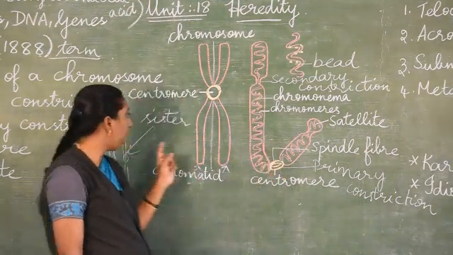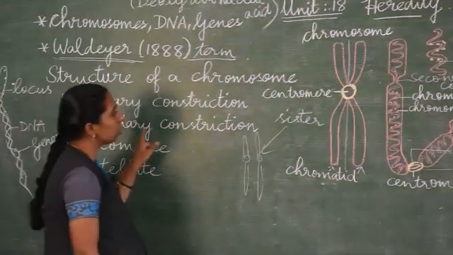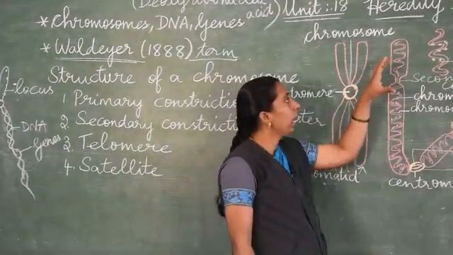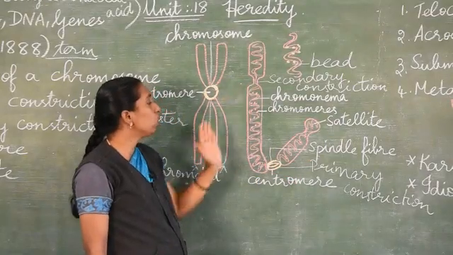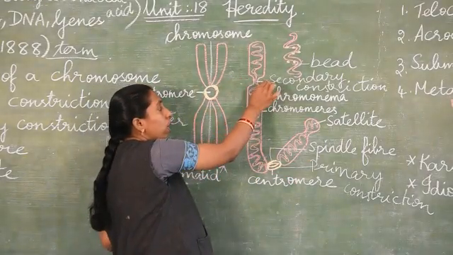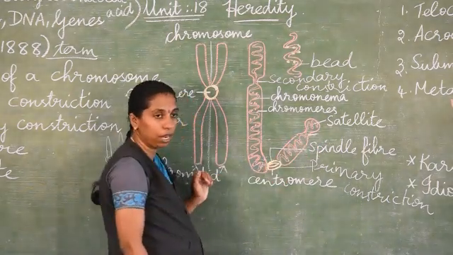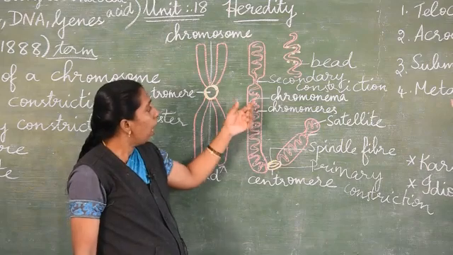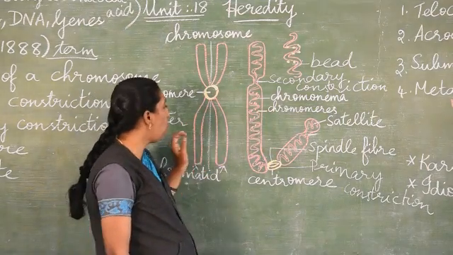The second part is the secondary constriction, which can be found in any part of the chromosome. And apart from the secondary constriction, there is the telomere.